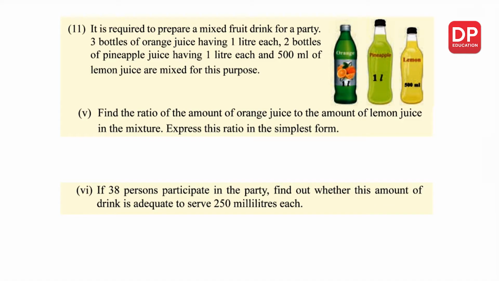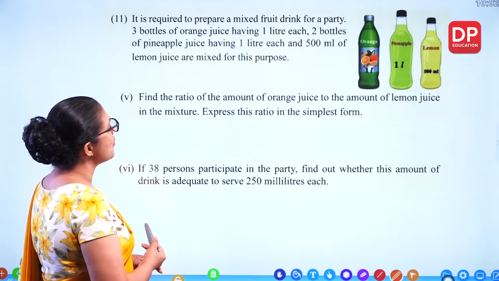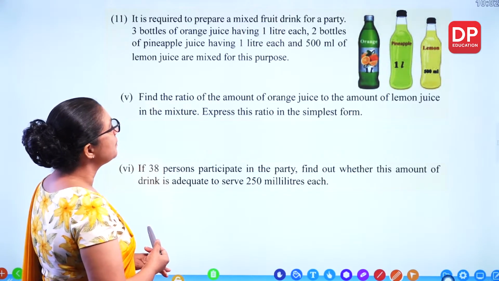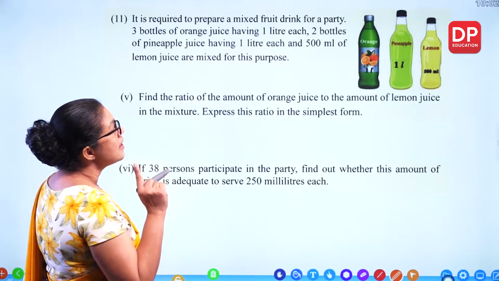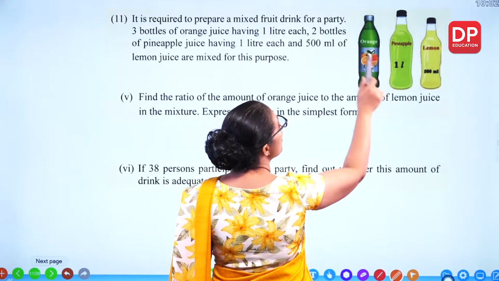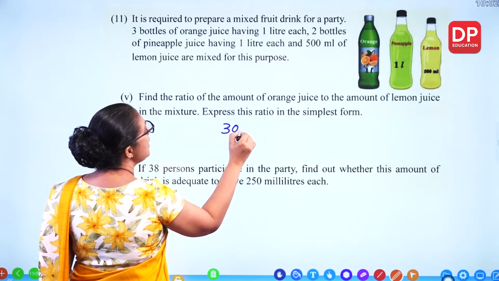Next part, find the ratio of the amount of orange juice to the amount of lemon juice in the mixture. Express this ratio in the simplest form. Amount of orange juice is 3000 milliliters.